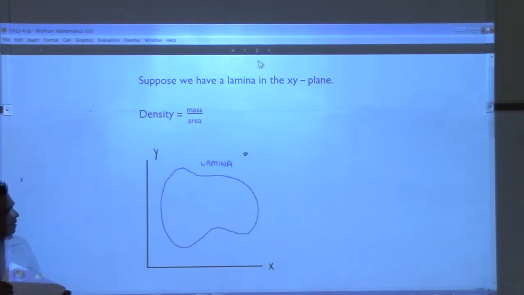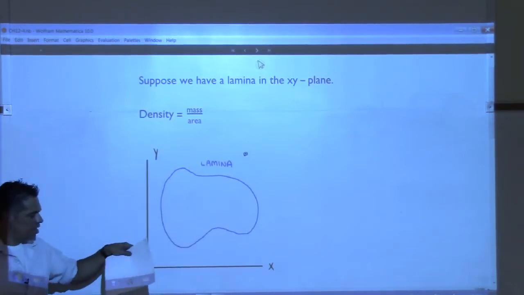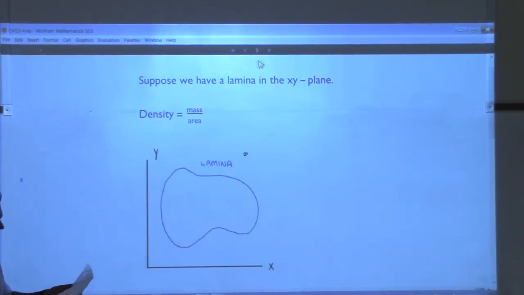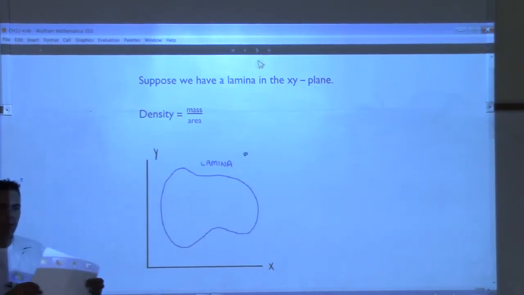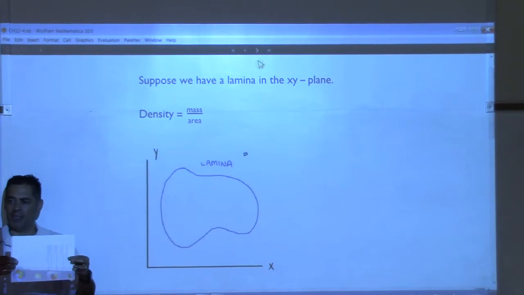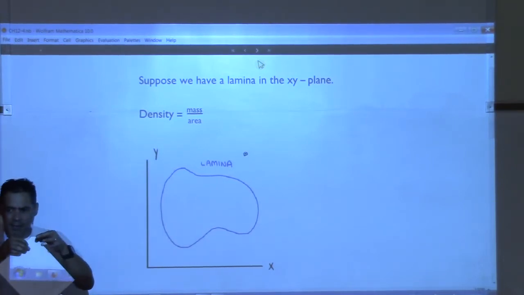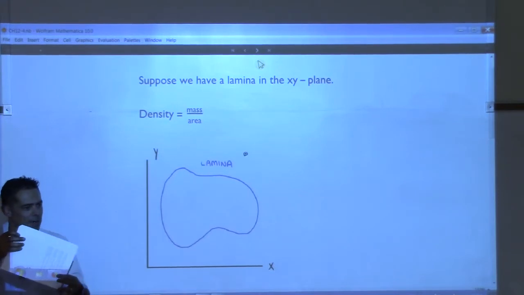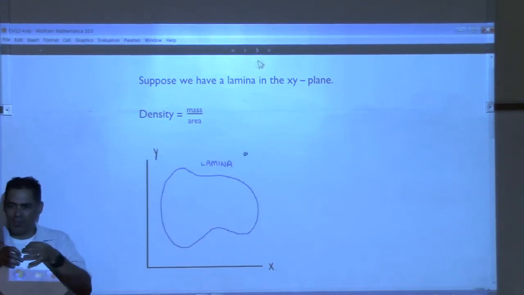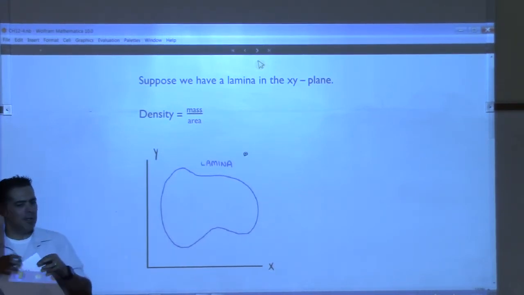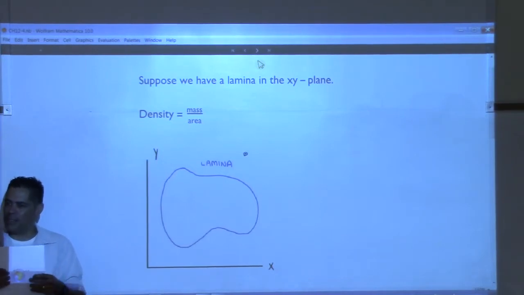Okay? Now this sheet here, I only need one of them, we would say that this has uniform density. Would you agree that with this sheet of paper, the mass at every point is pretty much the same? I mean, these are little fibers of wood, so it's not perfect, but we would say it pretty much has uniform density.